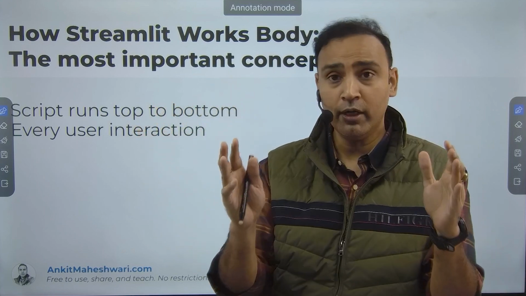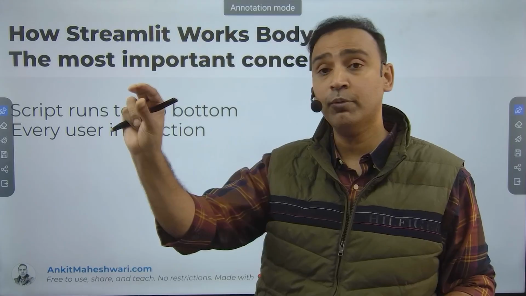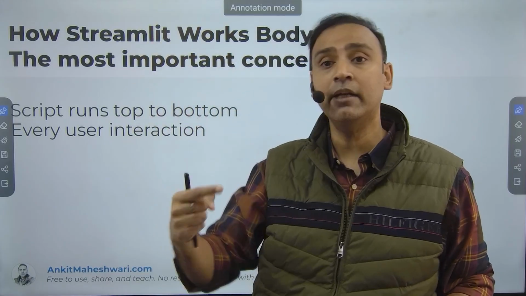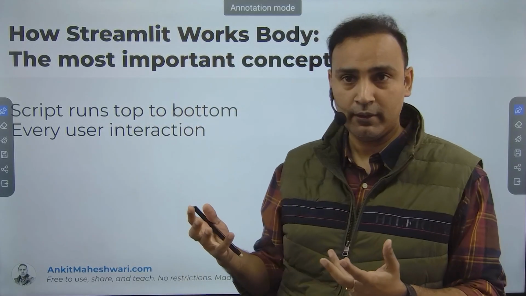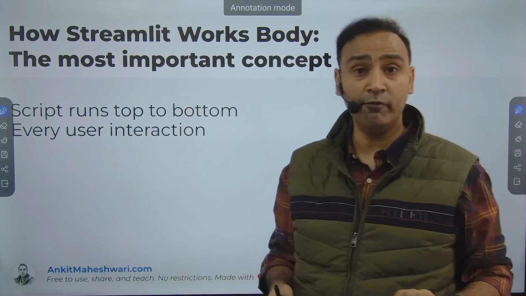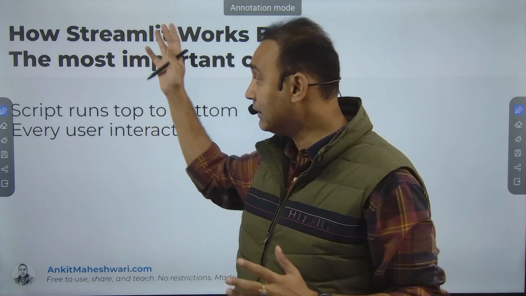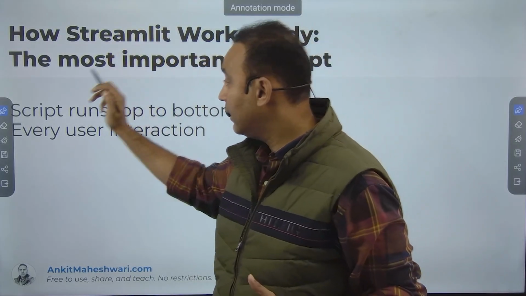But you have to understand, any time a user is interacting with any of those input widgets, Streamlit is going to rerun. It sounds simple, right? But it is radically different from how traditional web frameworks work. We'll discuss these things a lot, but you have to understand these two things.